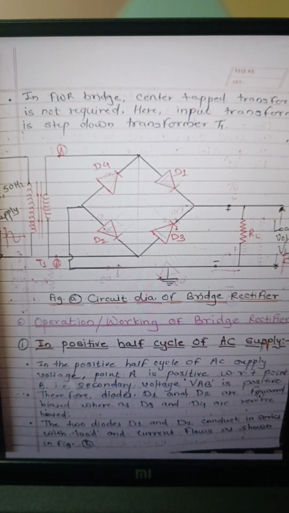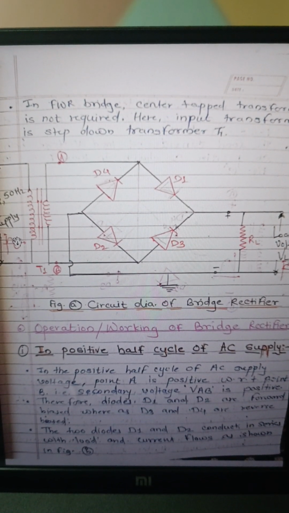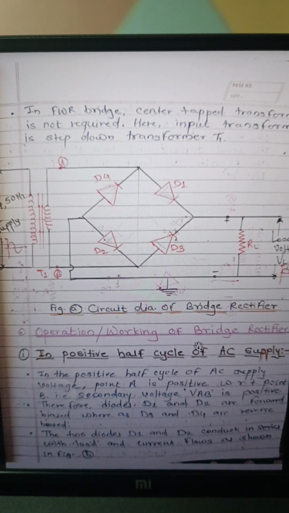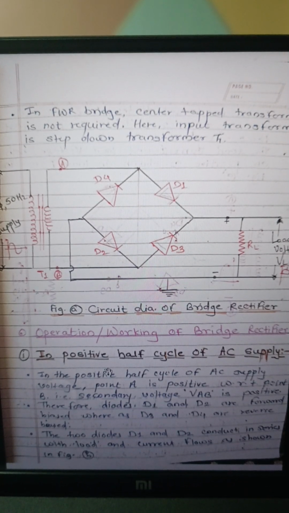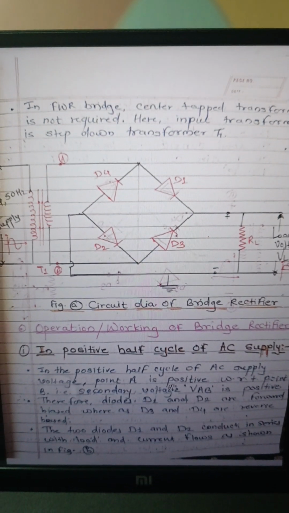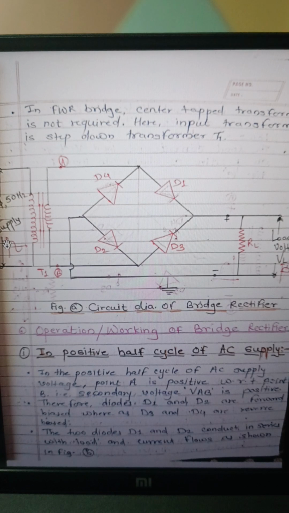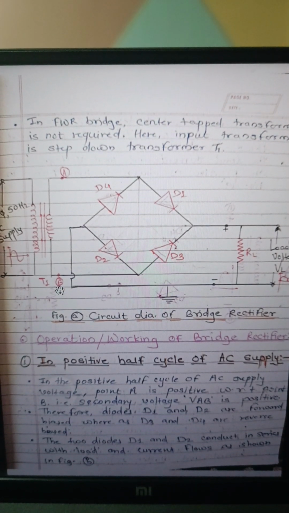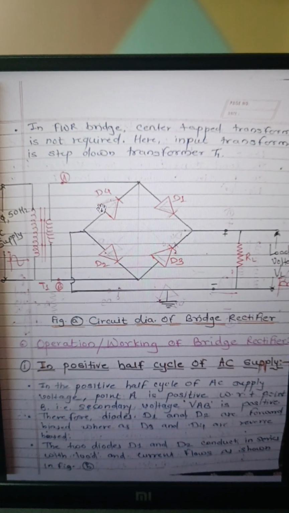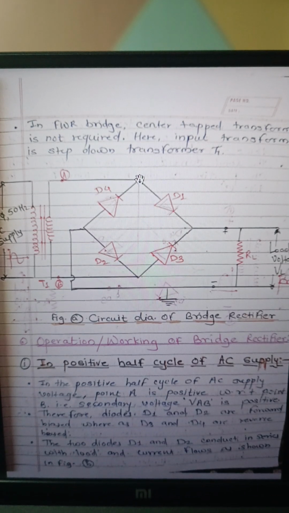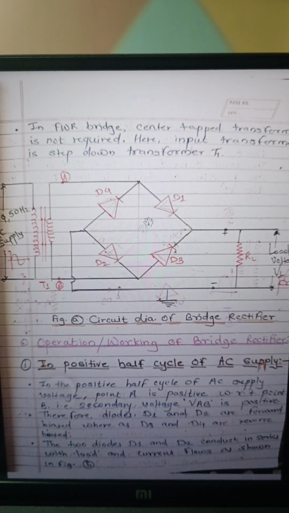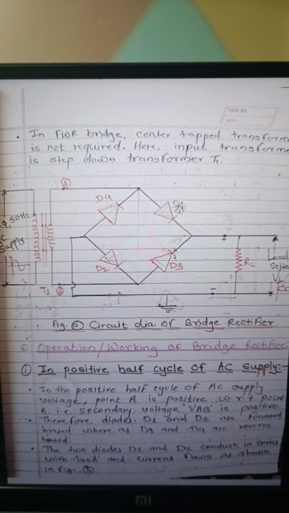We have to write the working during the first positive half cycle, and then for the negative half cycle. So during the first positive half cycle of the AC supply, what happens? Positive voltage is given here, so point A becomes positive with respect to point B, means the positive voltage is here, negative voltage is here. Then diode D1 and D2 start conducting, means they are in the forward bias mode.